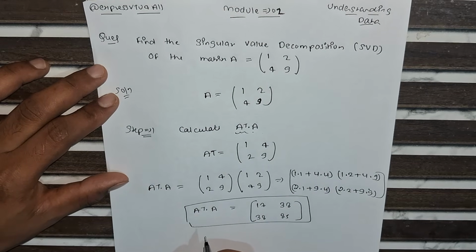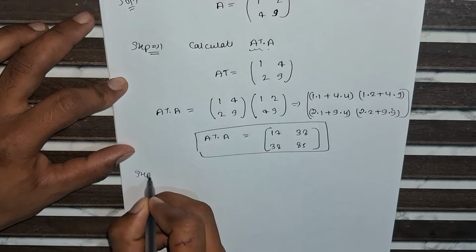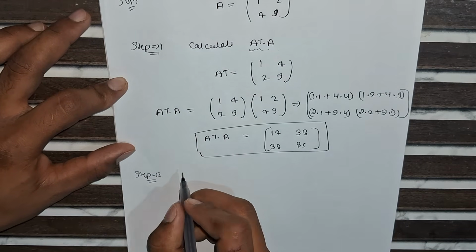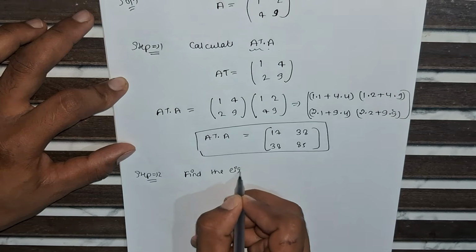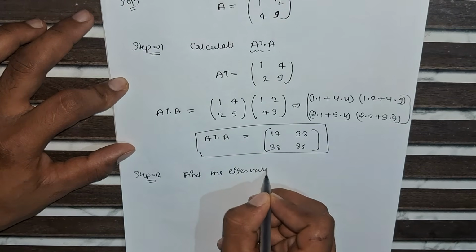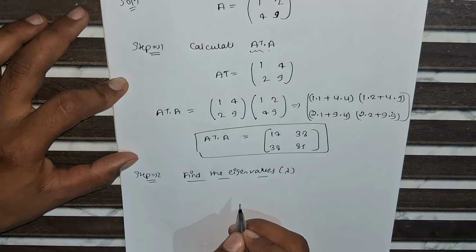Now move to our second step, where we have to find the eigenvalues, which is lambda. How can we find the eigenvalues?